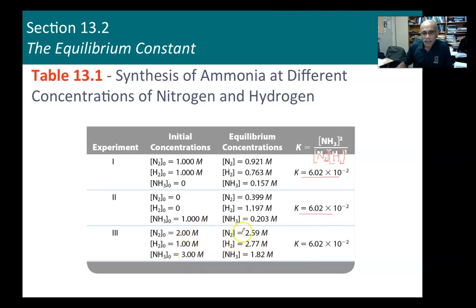Let it run and come to equilibrium. Notice what we get. These are the concentrations, and you work out the value of K. Lo and behold, still the same value, which is what we should expect. And what is showing in here is this: the 3 different settings here refer to the 3 different positions of equilibrium.